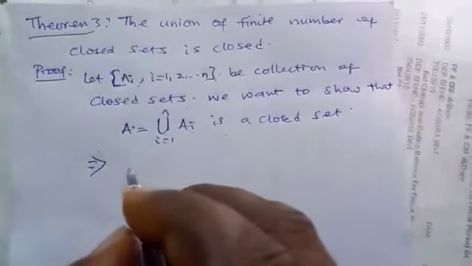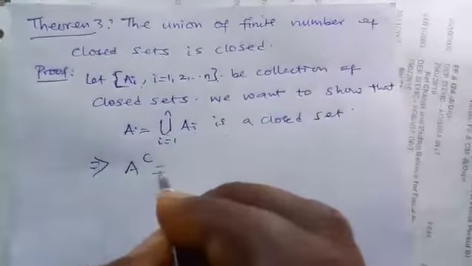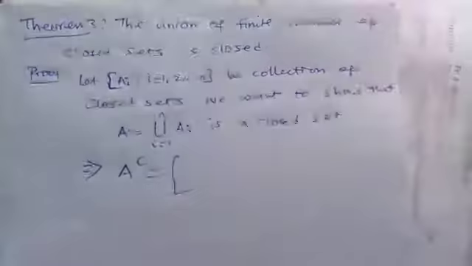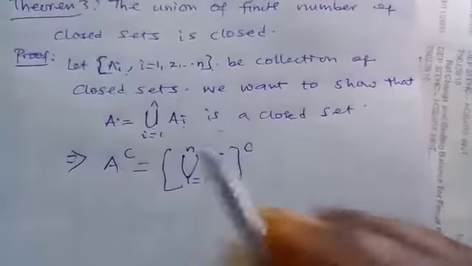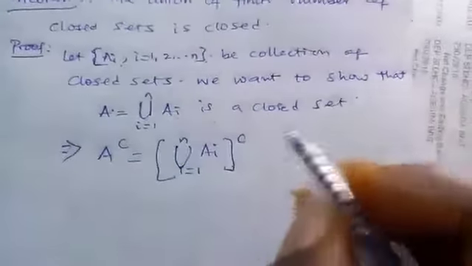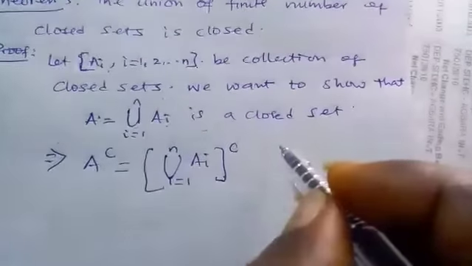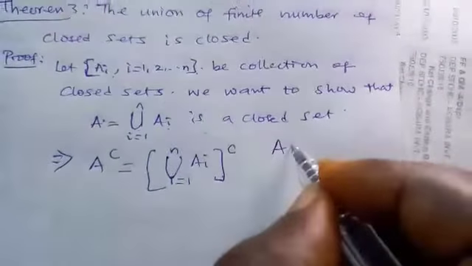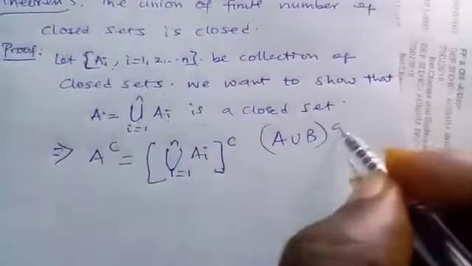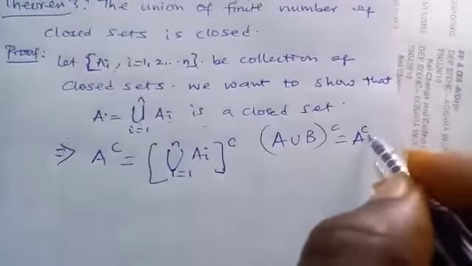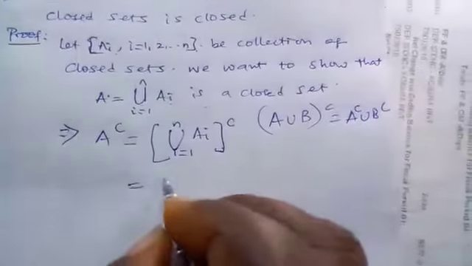So let's find the complement. A complement is equal to this. I'll put a complement on both sides. If you remember De Morgan's law, which says that the complement of A union B is the same thing as A complement intersection B complement.